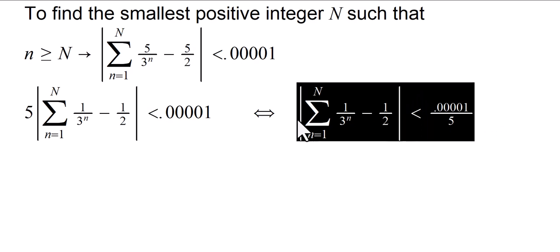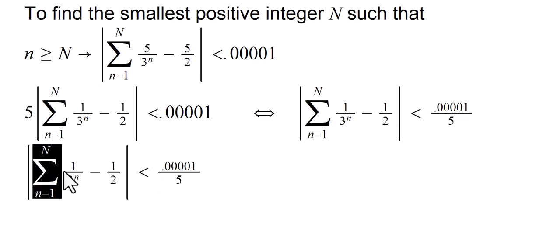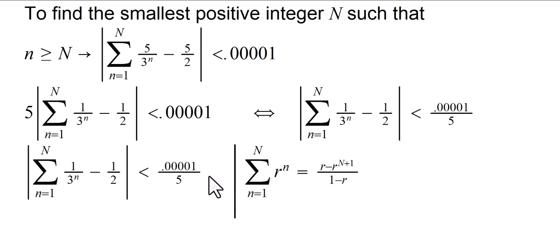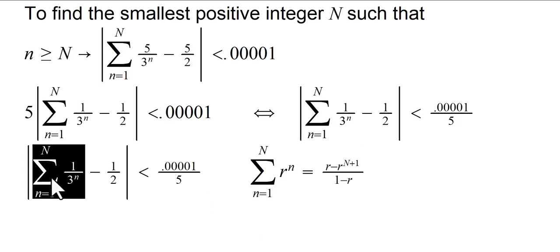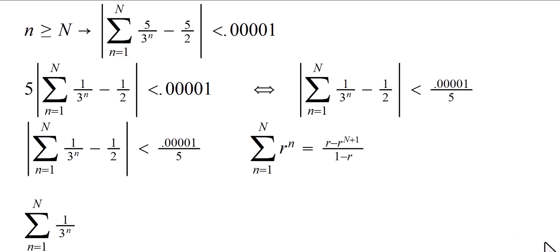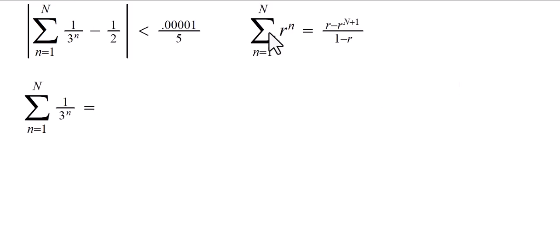So if we look at this inequality here, let's recall that this sum may be evaluated by the rule that is how we got the convergence of our geometric series. So in here, if we look at the sum for n equals 1 to capital N of 1 over 3 to the power n, then by using this equation, we will have r is 1 over 3.